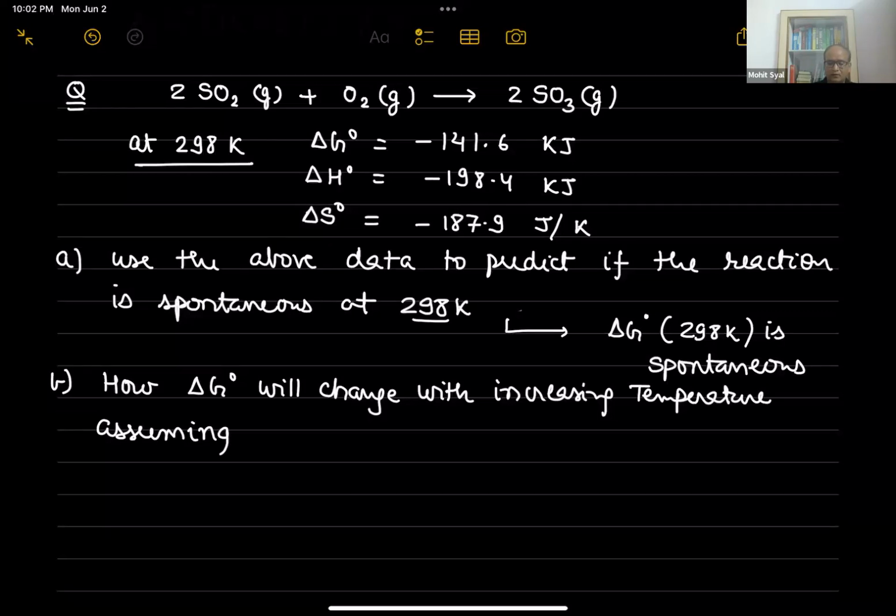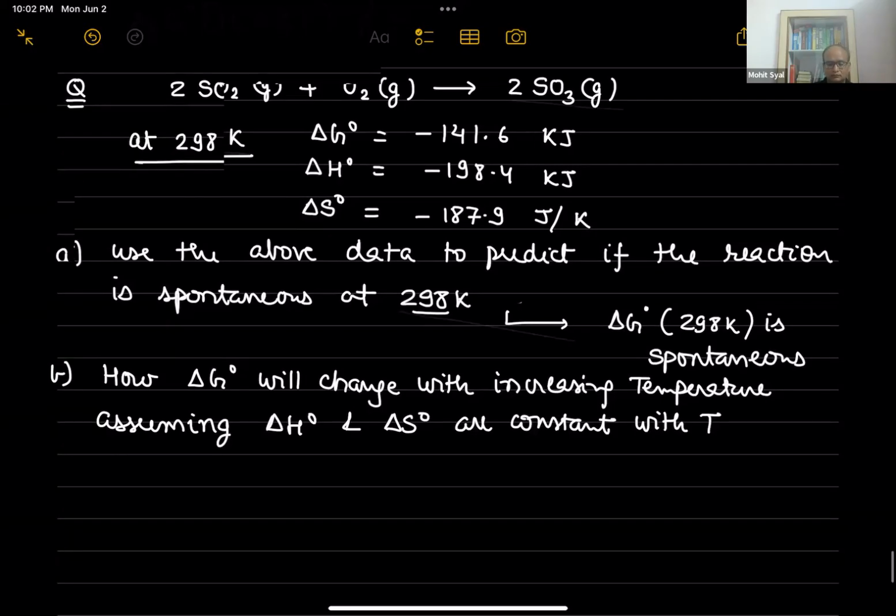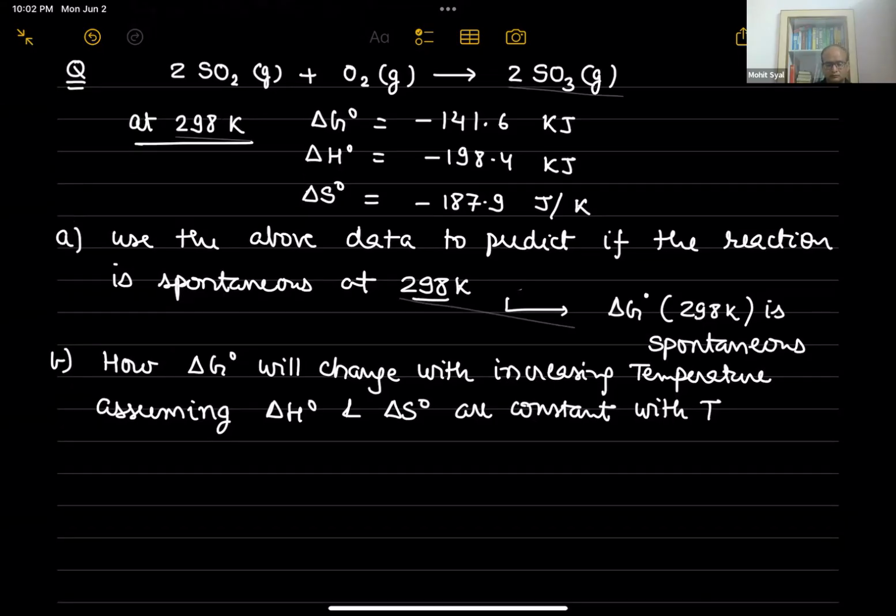Assuming delta H naught and delta S naught are constant with temperature, is the reaction spontaneous at 900 degrees Celsius?